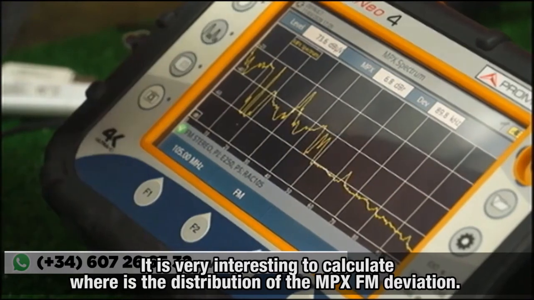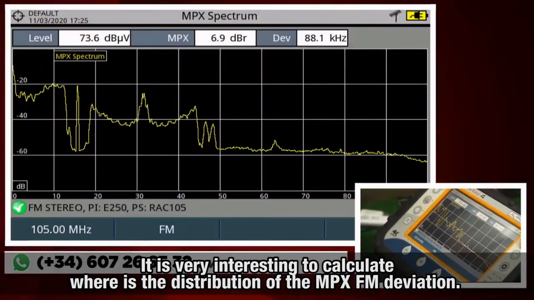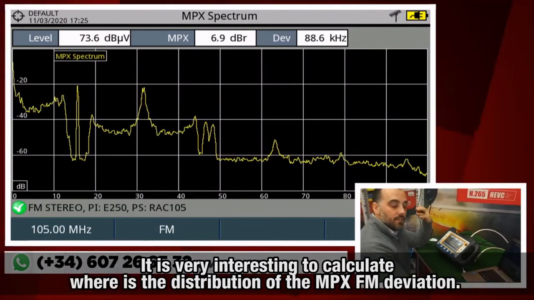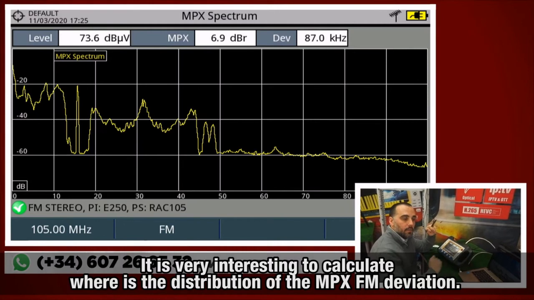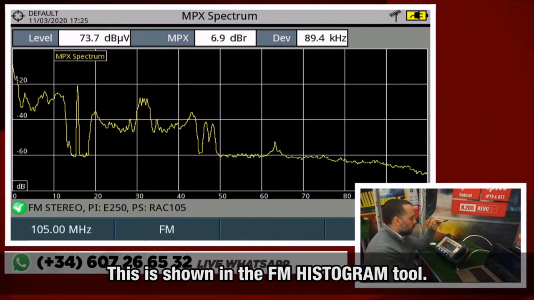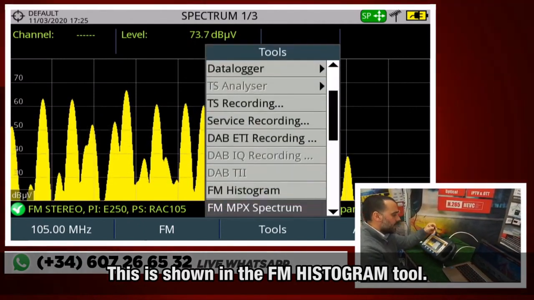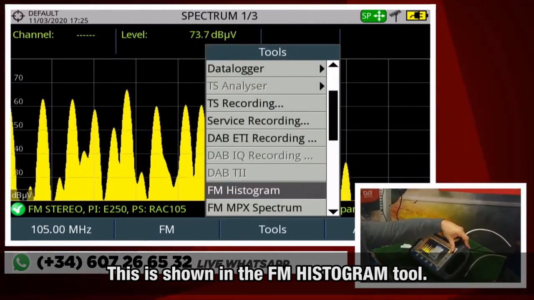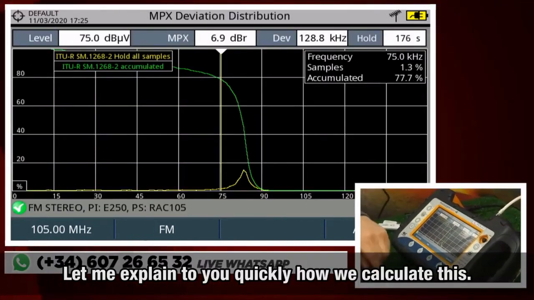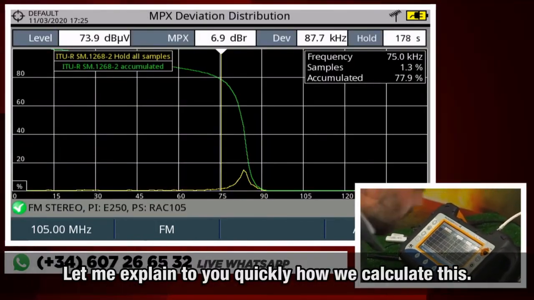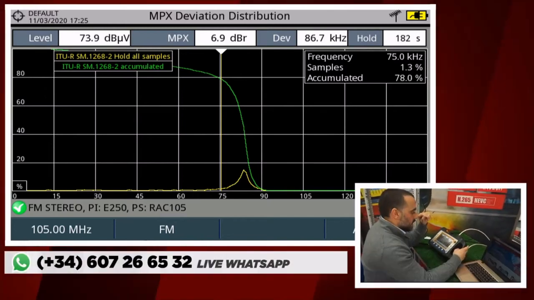Something very interesting to calculate in FM is the distribution of the MPX FM deviation. What is the distribution of the values for this measurement? And this we can offer in this tool. We go to Tools again, to FM histogram. Let me explain quickly how we calculate this.